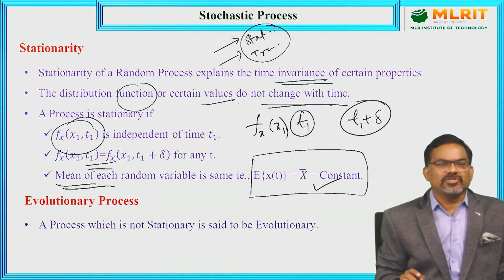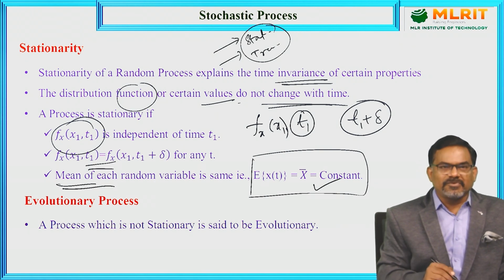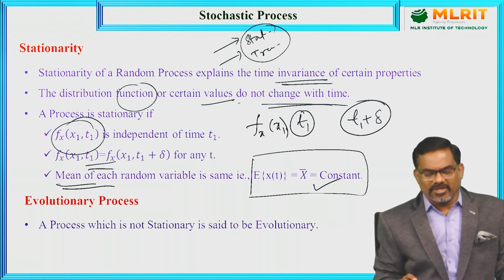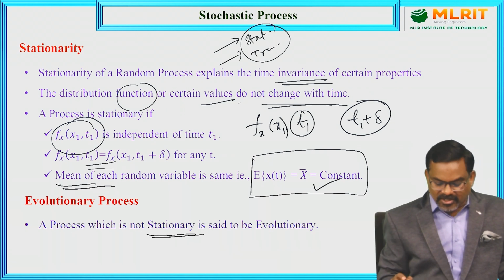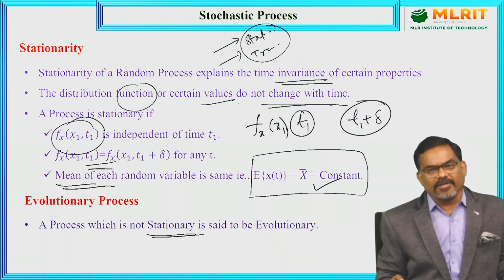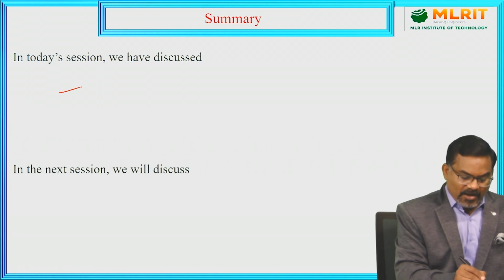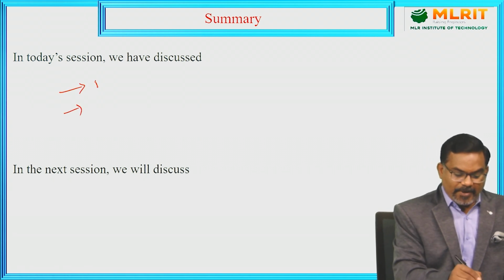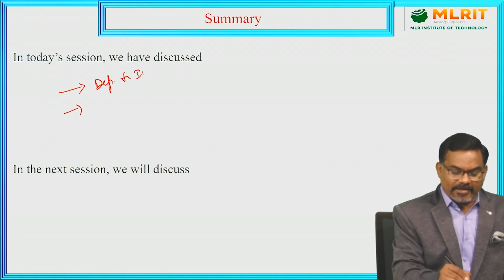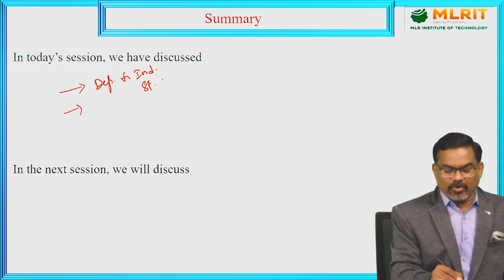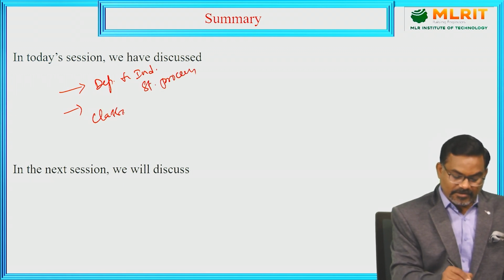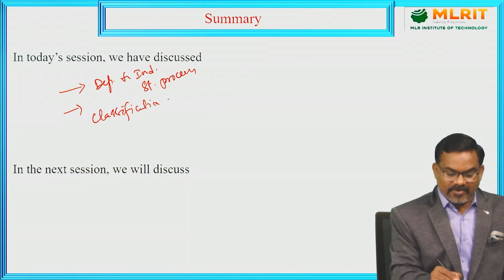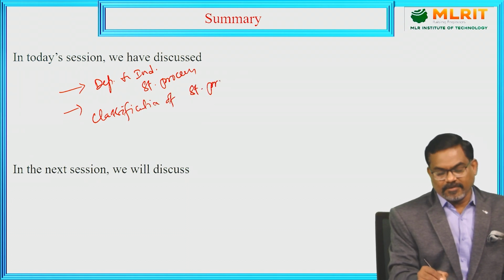And evolutionary process. A process which is not stationary is called evolutionary, that comes under transient one. In today's session, we have discussed about the dependent and independent stochastic processes and also the classification of stochastic processes.